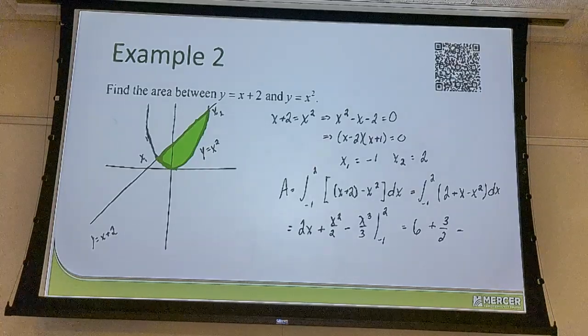Negative 1 cubed, negative 1. 8 minus negative 1 is 9, divided by 3 is 3. 6 minus 3 is 3, plus 3 halves. 8 halves? No. Sorry, I don't know why I got this. 9 halves. There's the area.